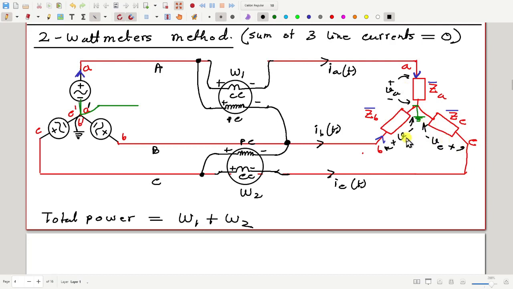These are all functions of time. Now, consider W1. Instantaneous power sensed by W1 at any particular moment is how much in terms of these currents and voltages?